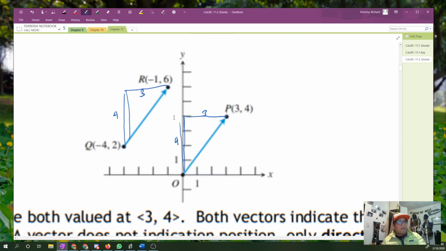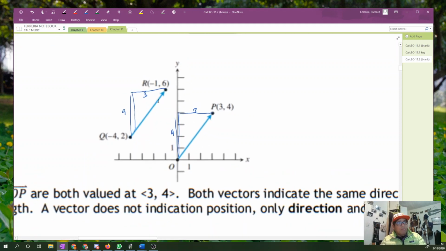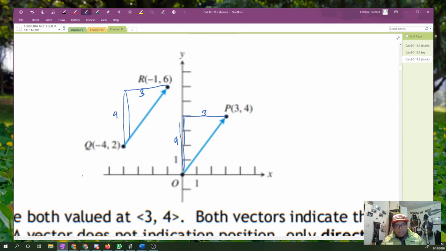So let's back out a little bit now. We should probably say that oftentimes we're going to call the bottom part over here the tail, and we'll call that the tip. So, tip to tail.